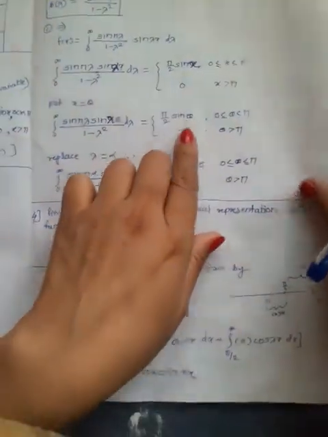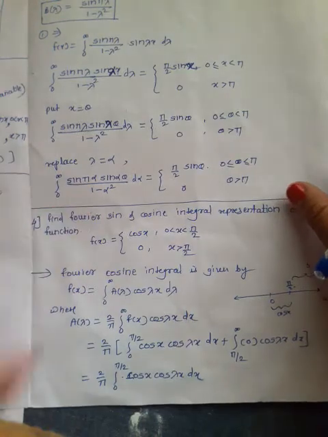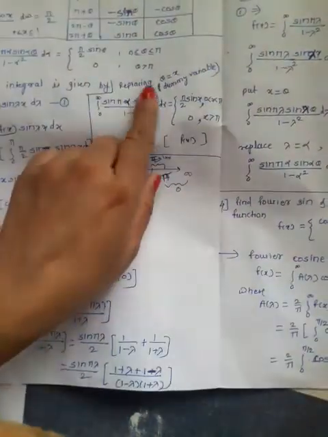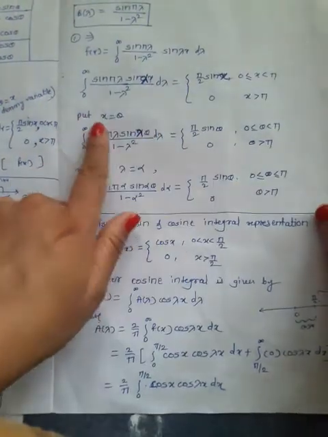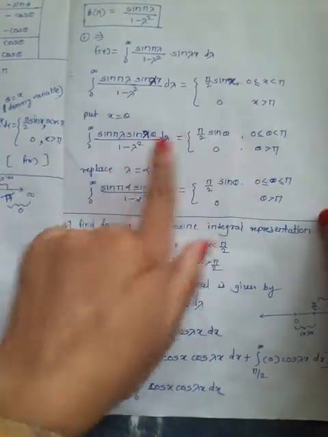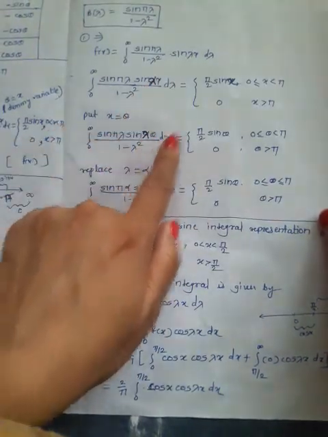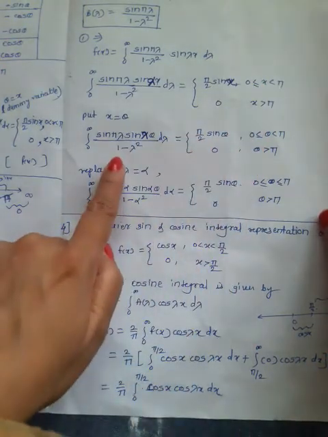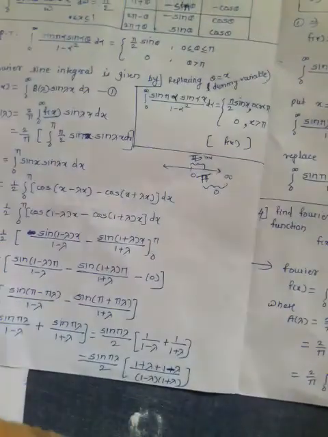Now we have just to make the difference here. We have used a dummy variable, that's why at the end of the example we have to resubstitute x equal to theta everywhere. So here x is equal to theta, here x is equal to theta, and here also theta. This is our original question.